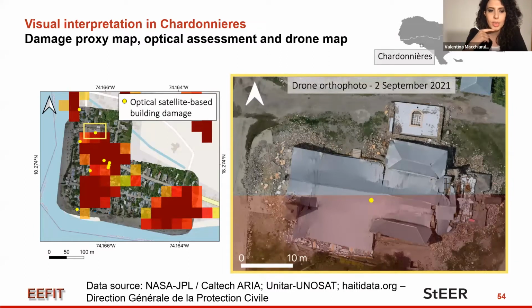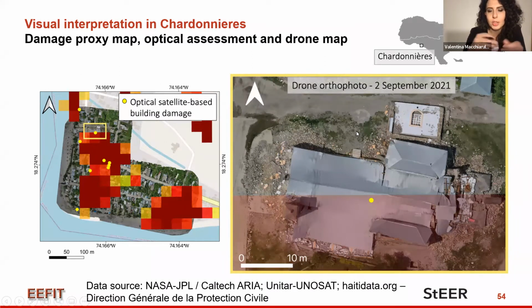And what we see is that overall, there is a good correspondence between the pixels that show a positive signal in the damage proxy map and the structures identified as damaged by the optical assessment. And in the panel on the right, we see a close-up of one of these locations for which both data sets were identifying a flagged location that might actually be damaged.